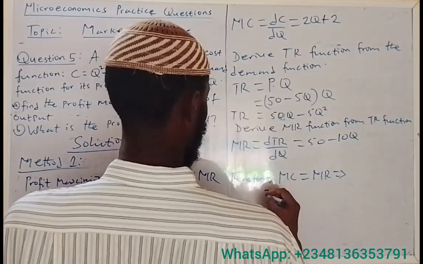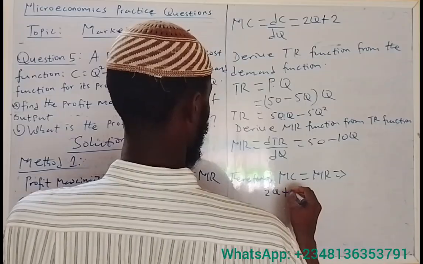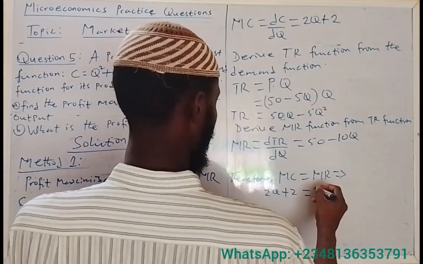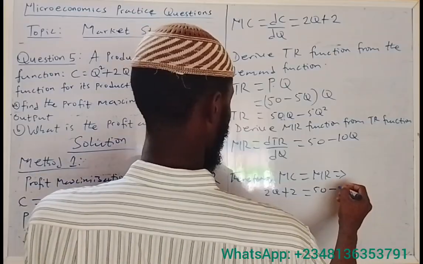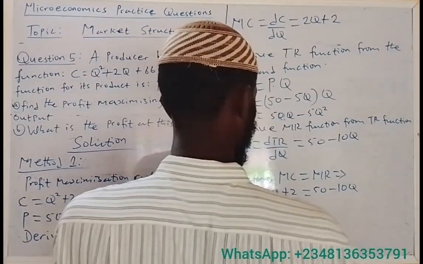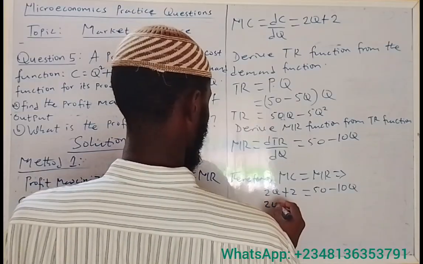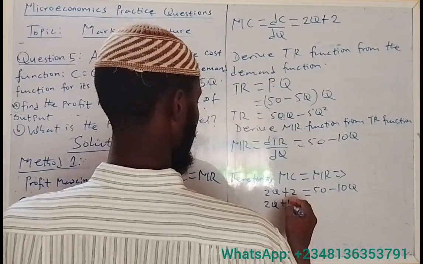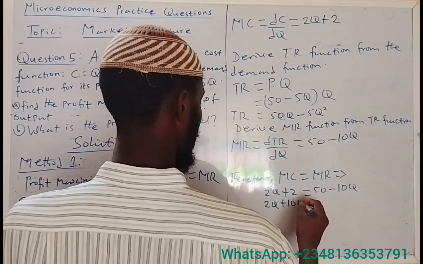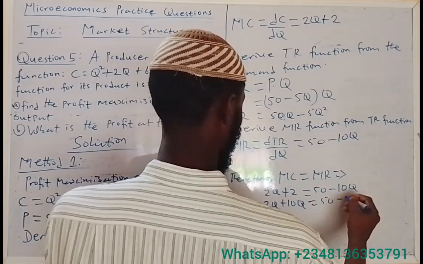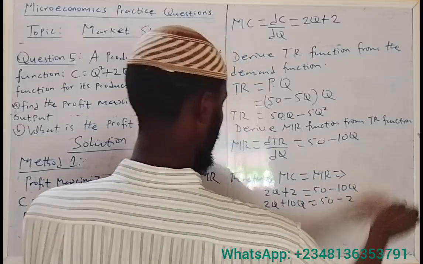So we have 2Q plus 2 equals, what's our MR? 50 minus 10Q. Then the next thing, we have to collect like terms. So we have 2Q, we take this to this side, we have plus 10Q, 2Q plus 10Q, then we have equals 50 minus 2.